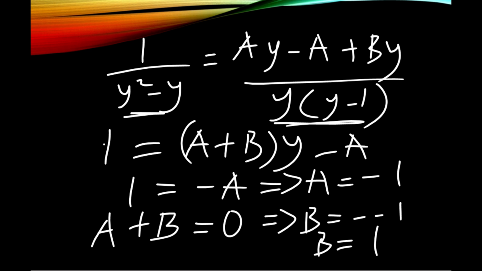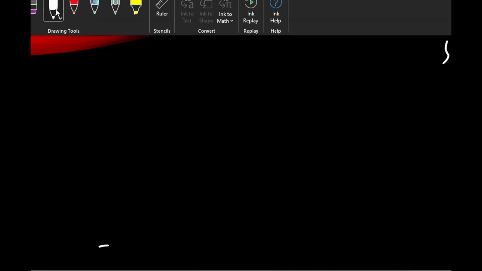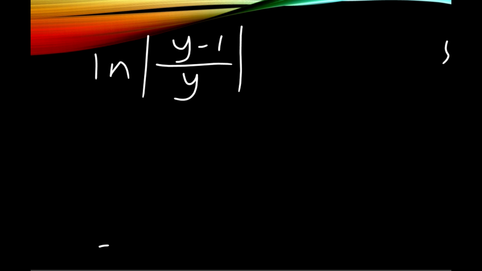So we saw that ln was common at both sides, so we factorize ln out. Let me select the white marker. So we have ln of y minus 1 over y is equal to ln of x plus our c.